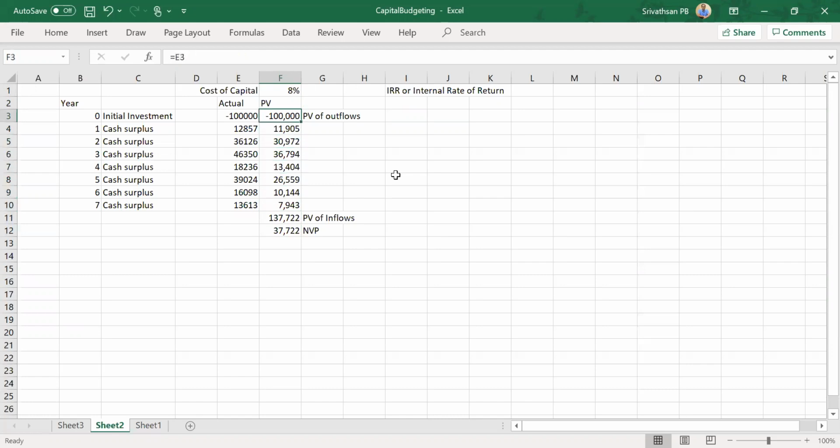We invested 1 lakh and we had various cash inflows over 7 years, and we discounted it at 8%. 0.08 is nothing but 8%.